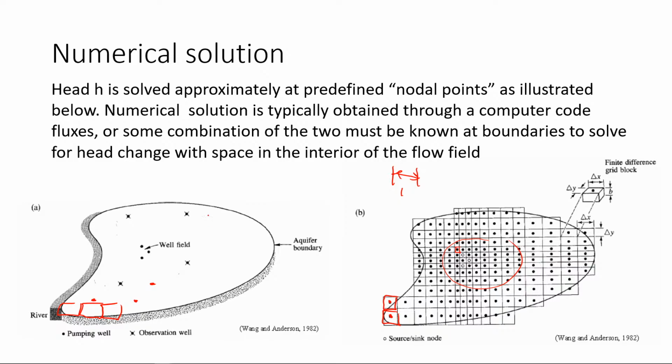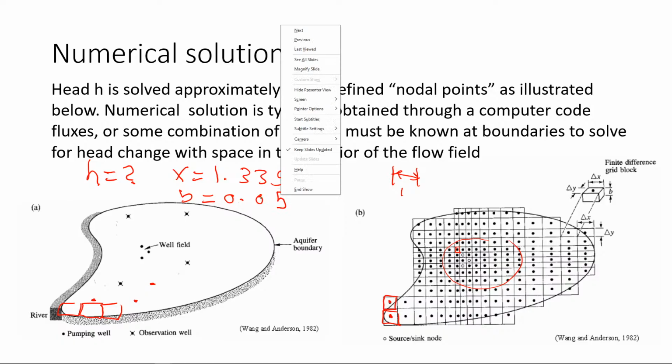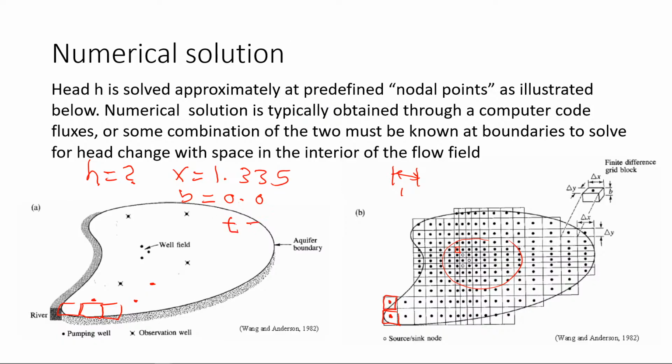While an analytical solution gives you the exact value. I can tell you, what is the head at x equal 1.335, y equal 0.005, for example, and time equal 1.88 minutes. So an analytical solution can give you this.